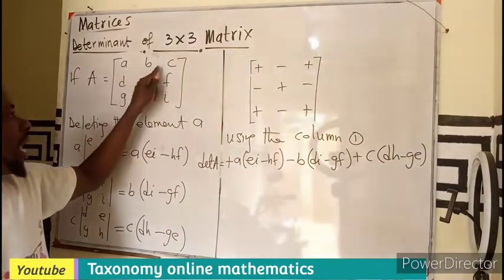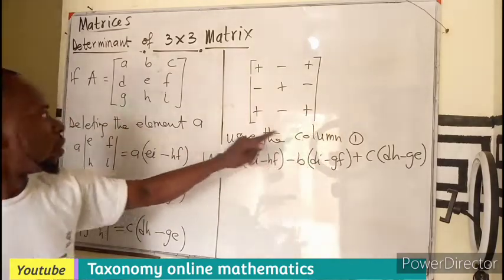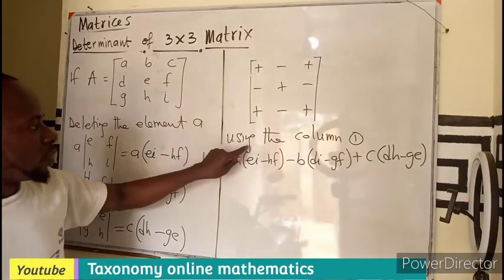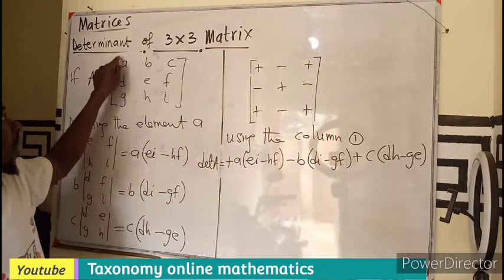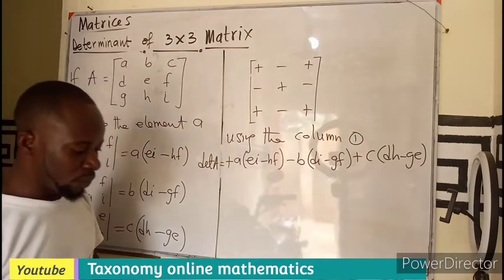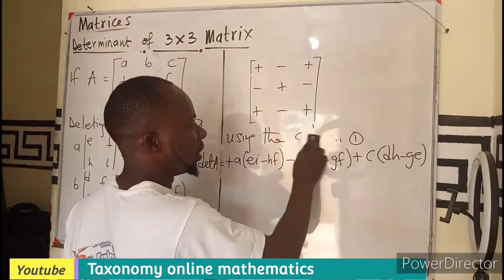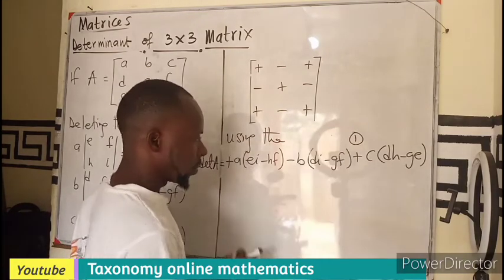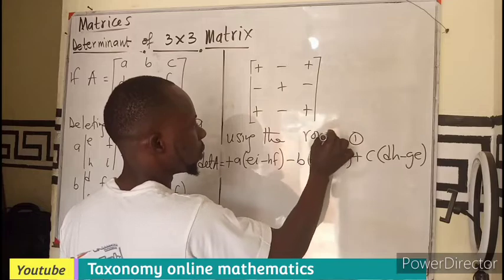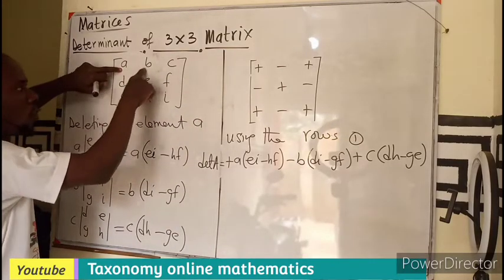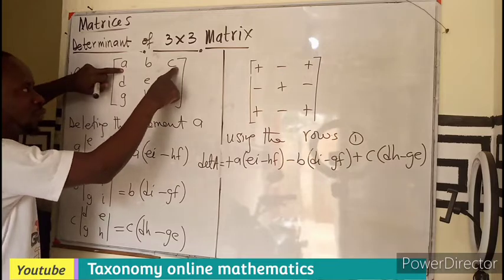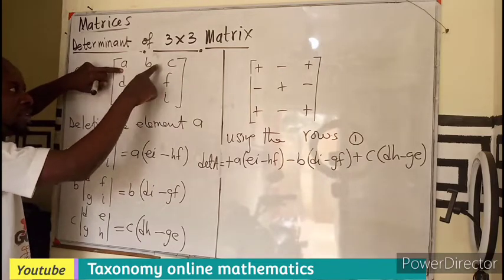All the elements we pick there are on this row. It means we are using the row, that is row 1, which is made up of A, B, C.